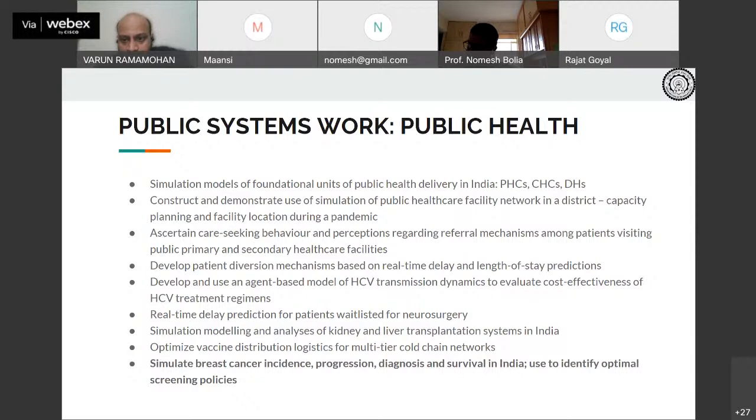Even though they're supposed to be 30-bedded hospitals, a lot of them have maybe only 5-6 beds or so. And although they're supposed to have visiting specialists to offer specialist care, such as obstetricians and gynecologists, ophthalmologists, internal medicine specialists, and so on, we find that that also varies.